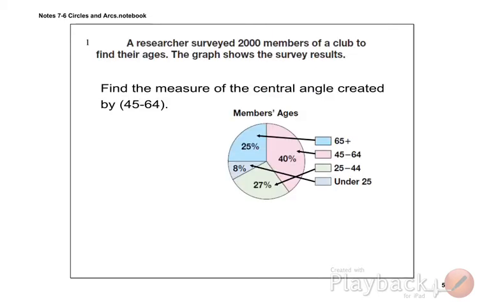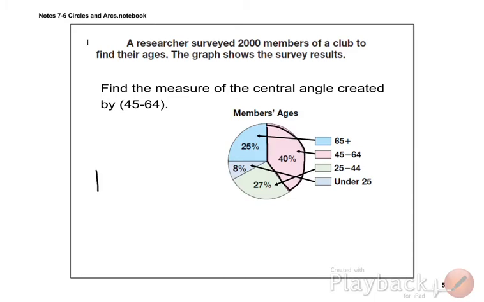Here's another example of figuring out the measure of a central angle created by a circle graph. In this circle graph, it wants me to find the measure of the central angle created by 45 to 64. That's the pink section, which represents this piece of the circle graph right here.